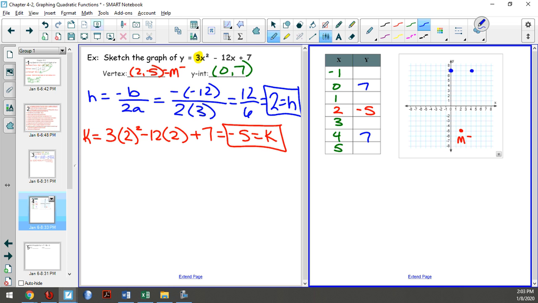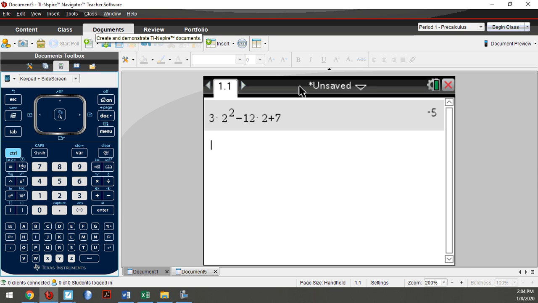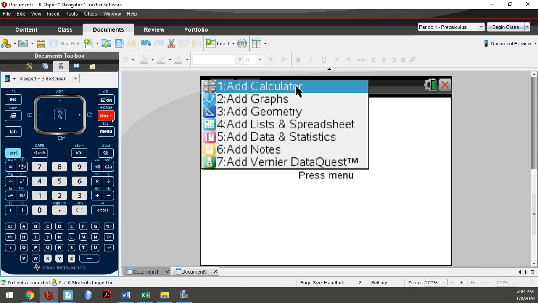Okay, now, how do I get the remaining points? Now, back in Algebra 1, you guys would have plugged and chugged and gotten the other values of your y. But I want you to start using the technology better. So I want you to pick up your graphing calculator, and I want you to click Control Doc. Control Doc will insert a new page. The new page that you are going to insert is a graph page.